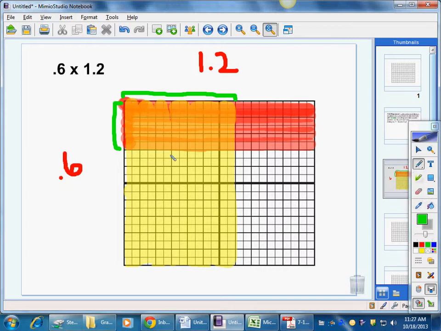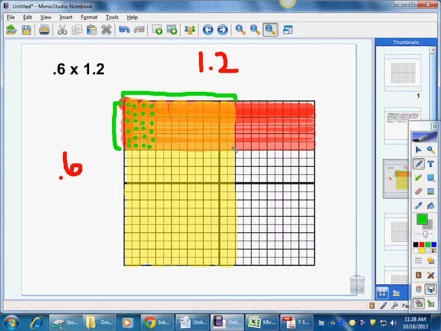And the overlap is important because that's where my solution is. So if I were to mark all of these little squares that overlap, this video might take an inordinate amount of time. So I'm going to allow you to think through.